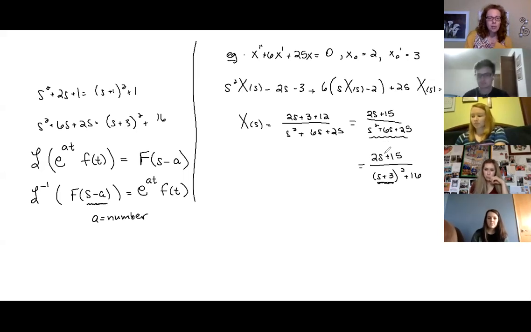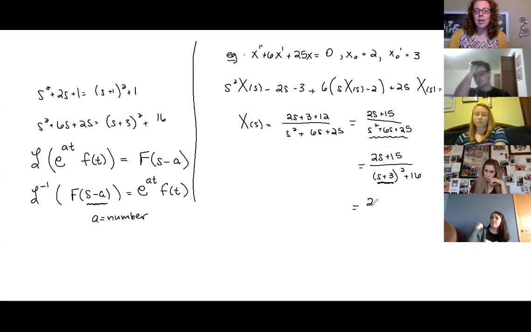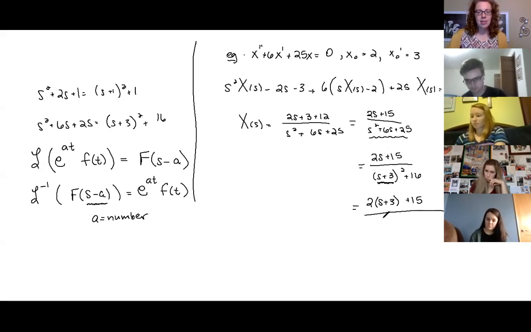We're going to need to do a little bit of algebra, a little bit of rearranging. I can't just have this s in the top. It needs to be turned into an s plus 3. So 2 times s plus 3 plus 15, over s plus 3 squared plus 16.